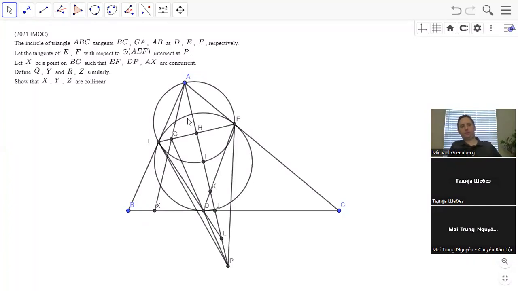BX over CX. That's what we're trying to go for. So I think we just need to think about FG over GE. This reminds me a lot of a problem we did using DDIT, where we had tangents like this and then intersected it with a side.